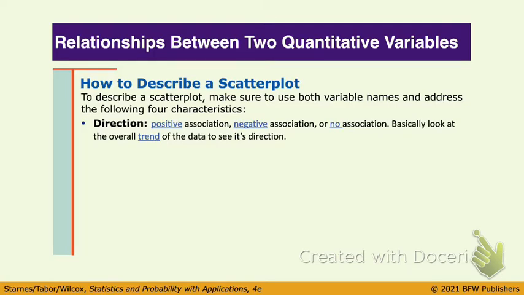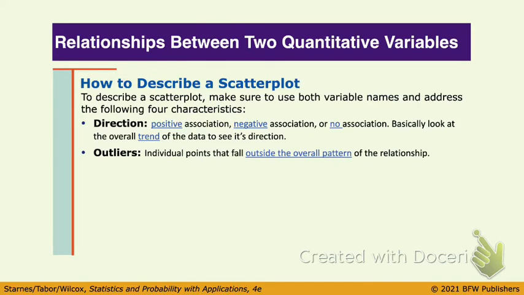Is it a negative association, so the dots are moving in a negative direction? Or is there really no association? Literally, you can't tell what direction things are going. It's just dots on a plot, right? Basically, you're just looking at the overall trend of the data to see its direction. That's how you do direction.